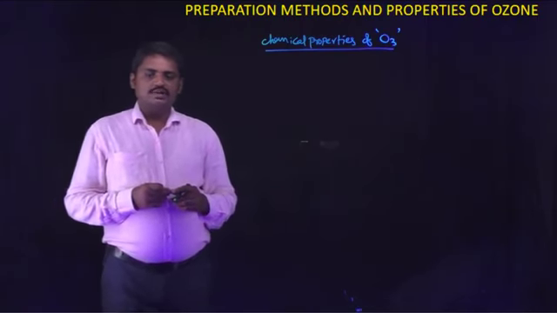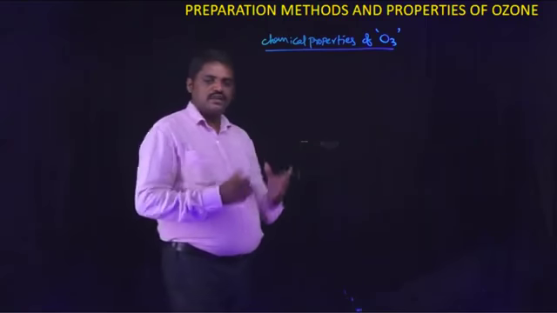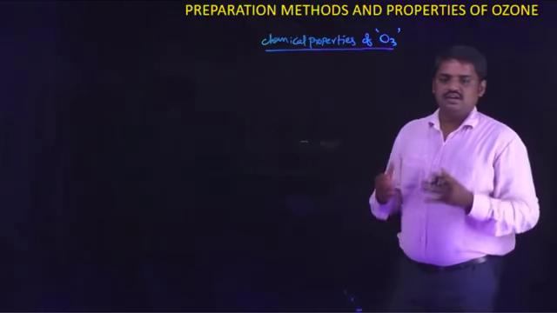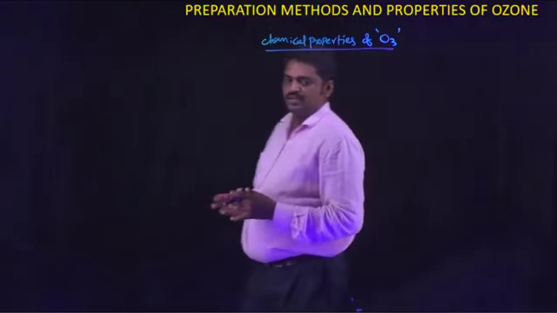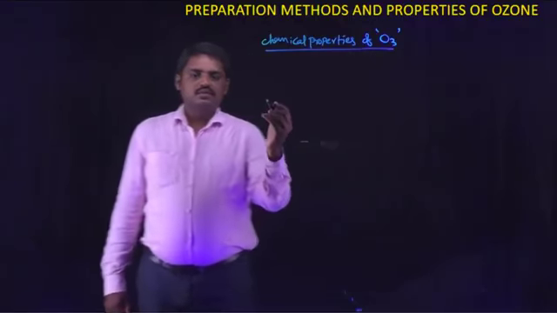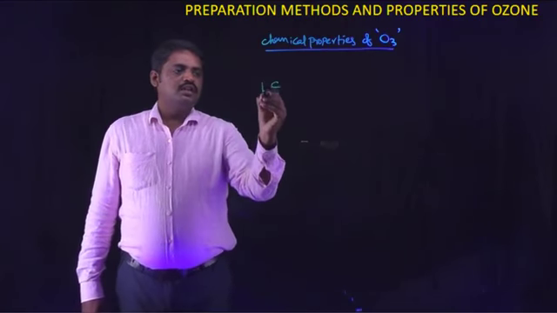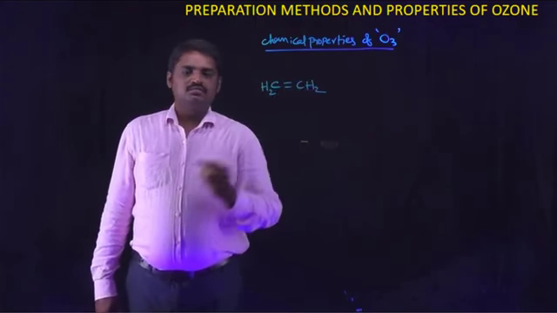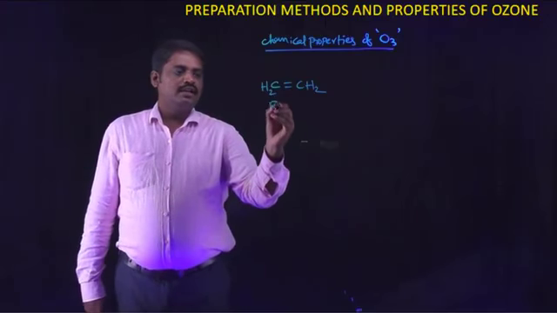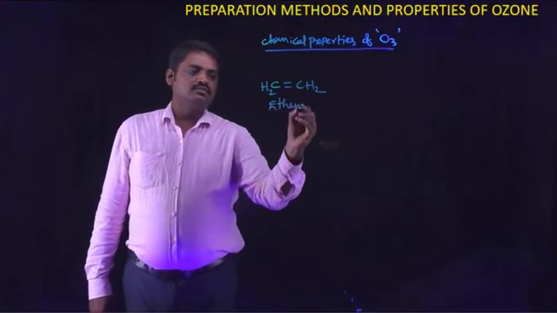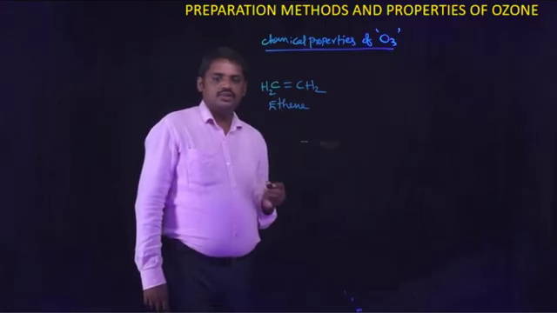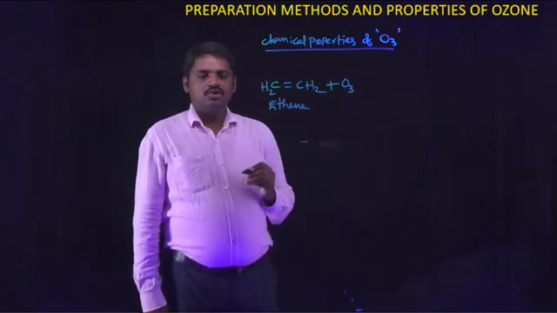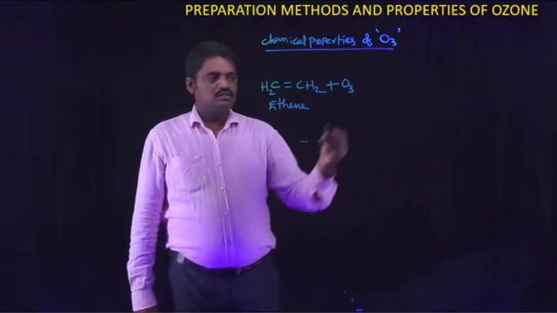For example, ethene is an alkene. This molecule reacts with ozone to produce ozonides.